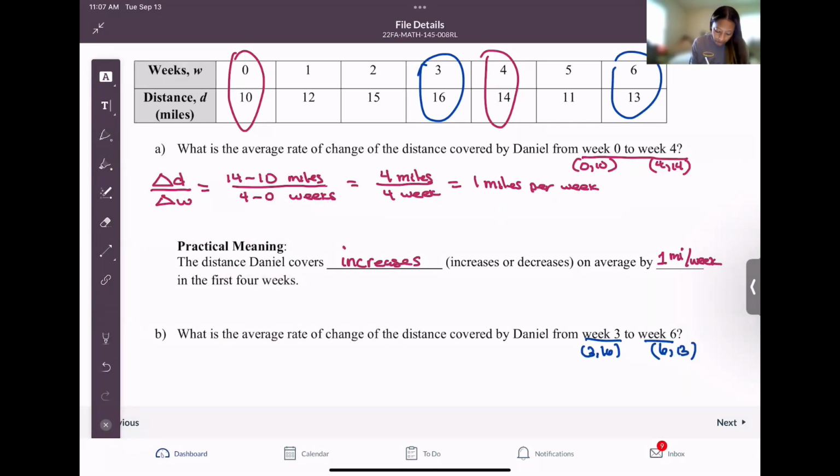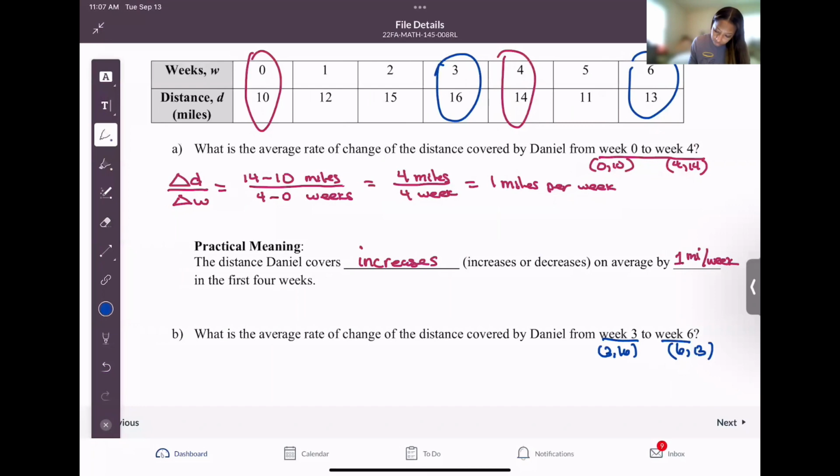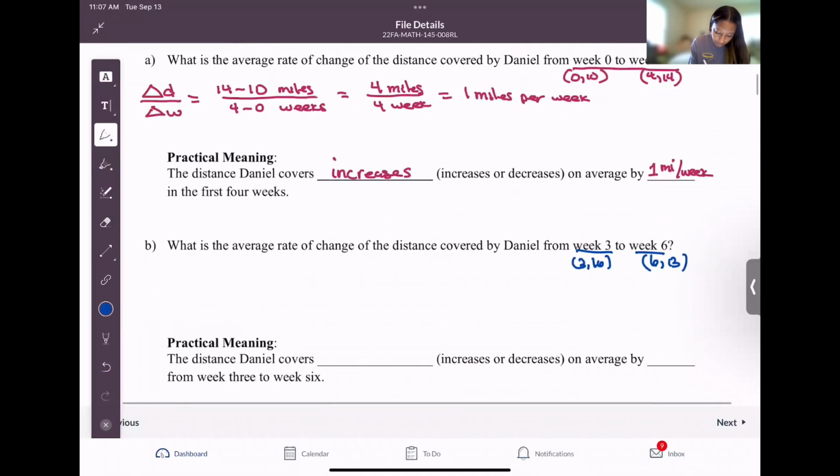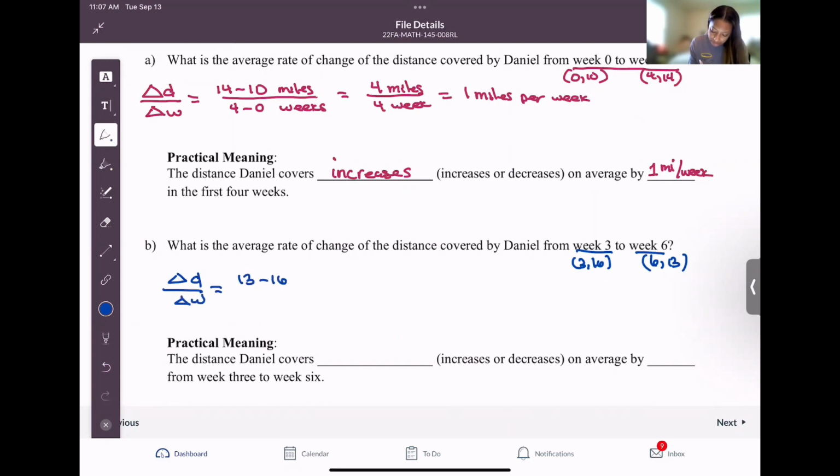Delta D over delta W would be 13 minus 16 miles over 6 minus 3 weeks. So that's negative 3 miles over 3 weeks, which simplifies to negative 1 mile per week.